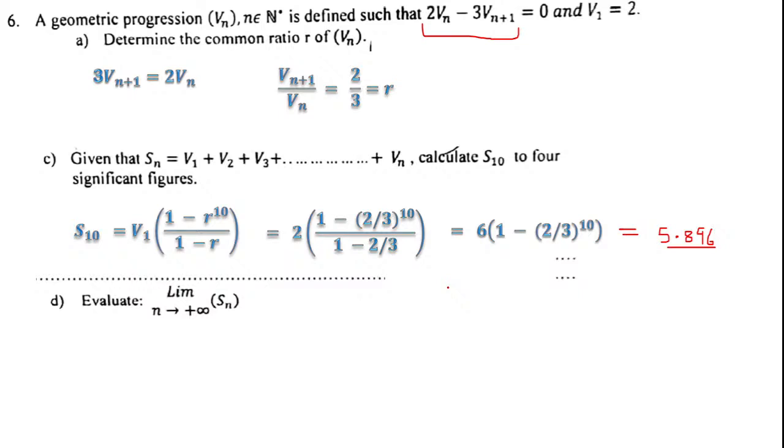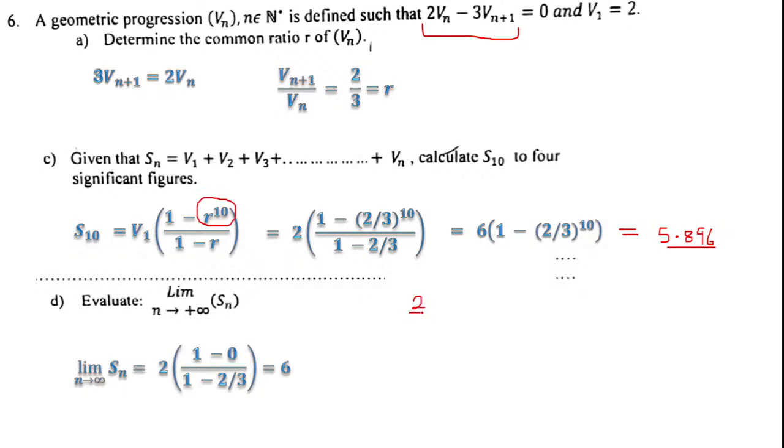Then the next part says that we evaluate this limit, the limit of Sn as n tends to positive infinity. So we just go to our formula now. As n tends to positive infinity, we will have 2 into 1 minus 0. Because as n tends to infinity, what happens? R to the power n will be equal to 0, right?